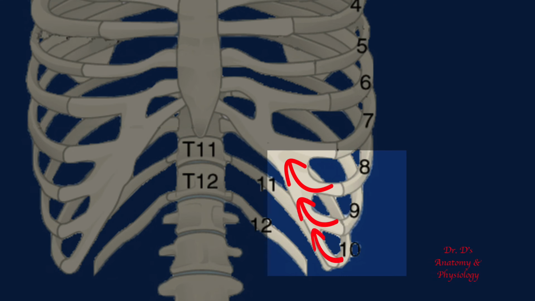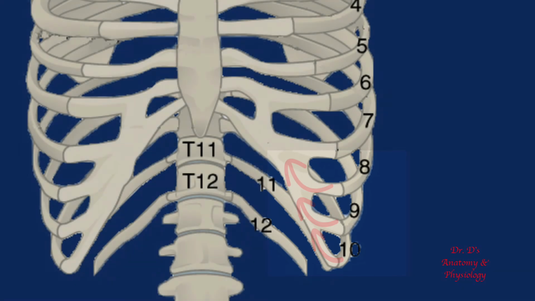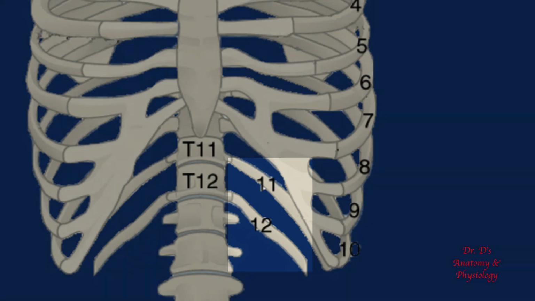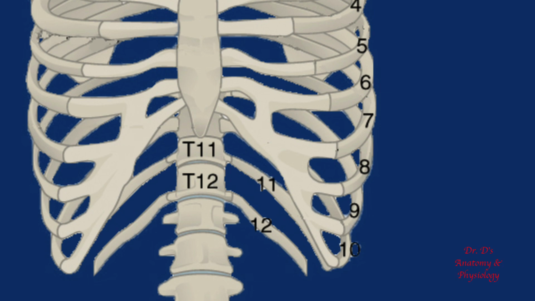So they do not attach directly to the sternum, but piggyback, in other words, onto the attachment made by the ribs above them. Ribs 11 and 12 are called floating ribs because they do not attach to any other rib either directly or indirectly. So they're, in a sense, just floating.